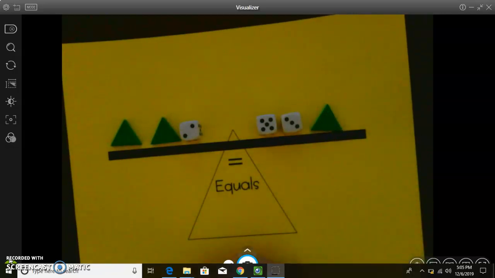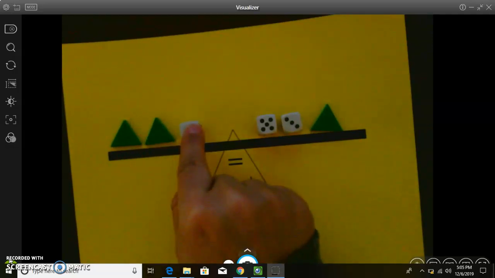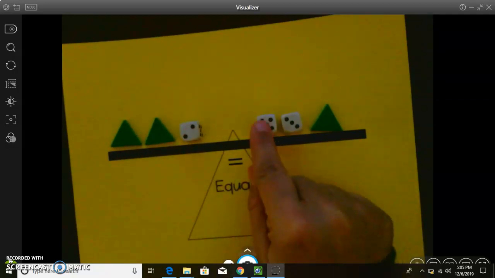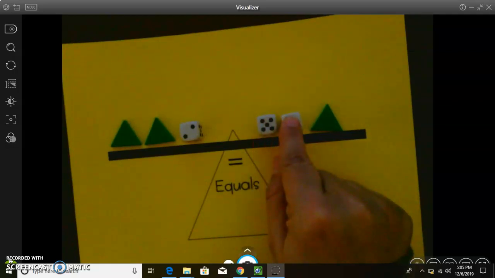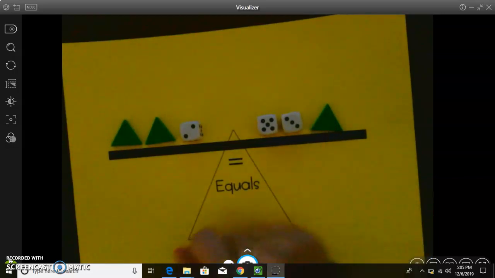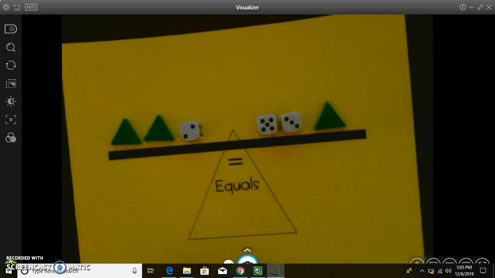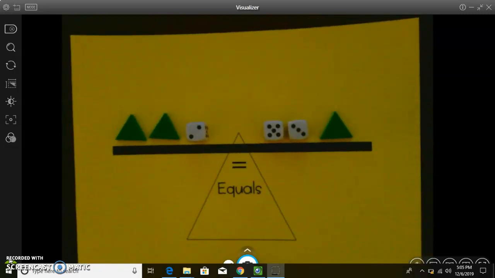Does not equal. So we can try 6. 6 plus 6 is 12, plus 2 is 14. 5 plus 3 is 8, plus 6 is 14. So in this equation, our variable will equal 6, and it will make both sides of the scale equal.